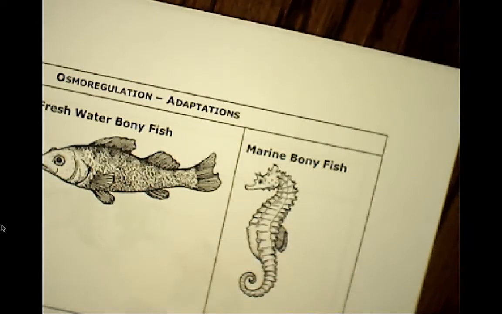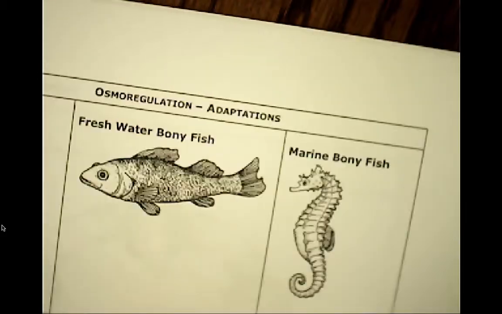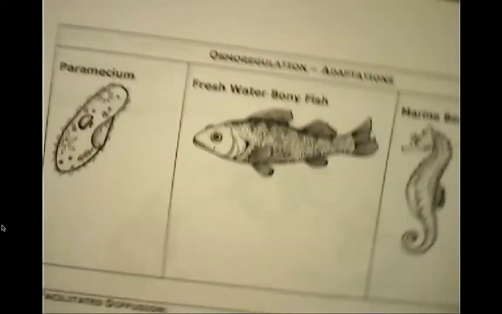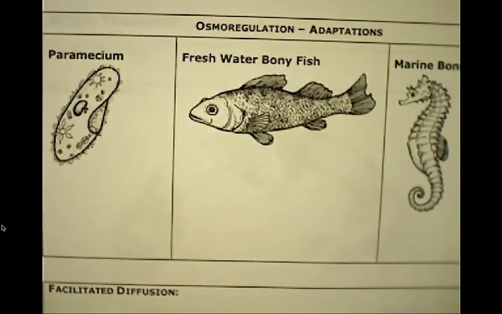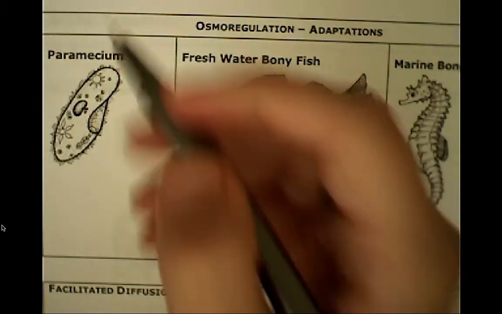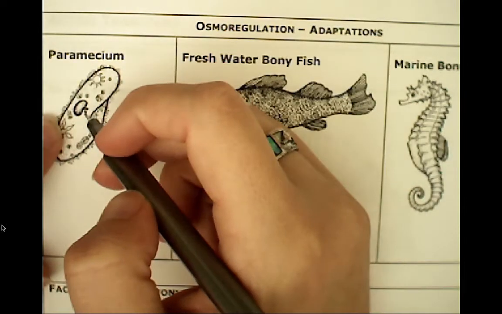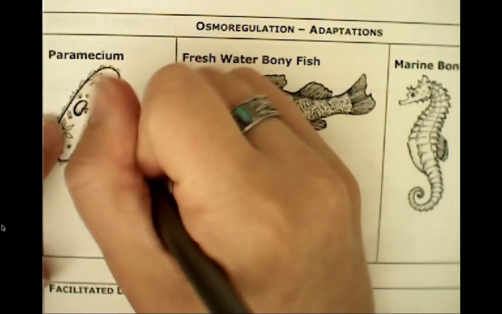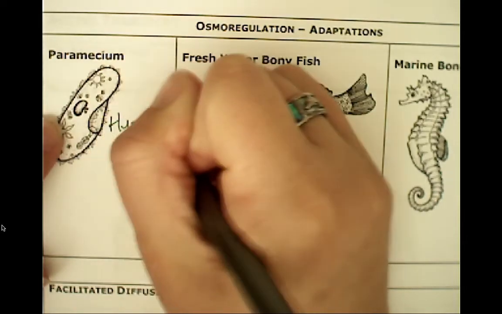And then, now let's look at how some of these animals, because if you live in a saltwater condition or if you live in a freshwater condition, there's some animals and organisms that have to deal with this. So this is osmoregulation. And this we're going to see over and over again. So in this case, the paramecium, it's in a hypotonic environment because it lives in freshwater, right?